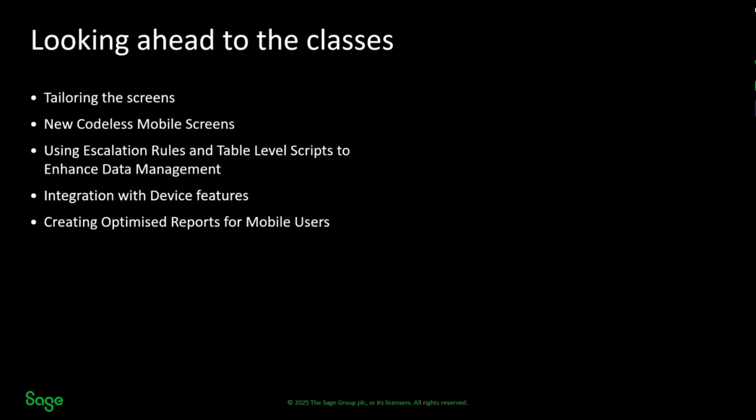This just about wraps up what I wanted to say in today's lesson. What we've done is look at how we can interact with the device features. We've looked as well at how we can take a distinctly mobile element, the geolocation, and include that inside our customized implementations of Sage CRM and the experience that the mobile screen gives us.